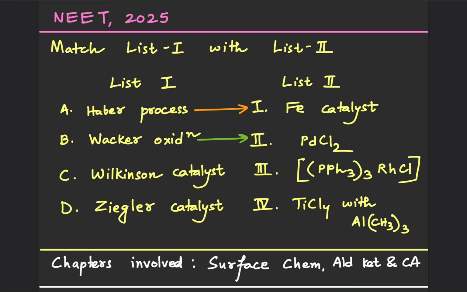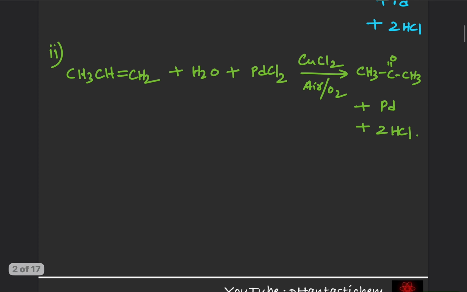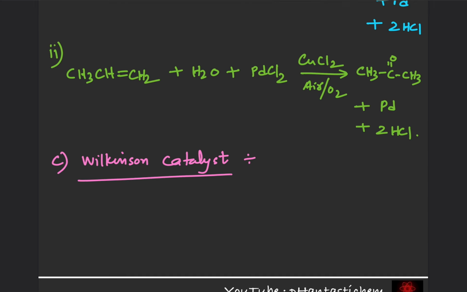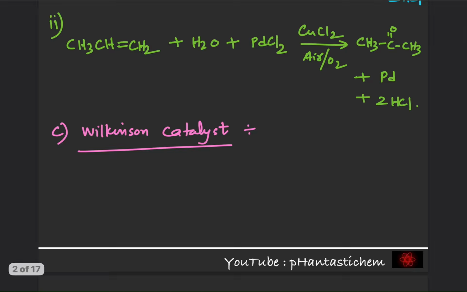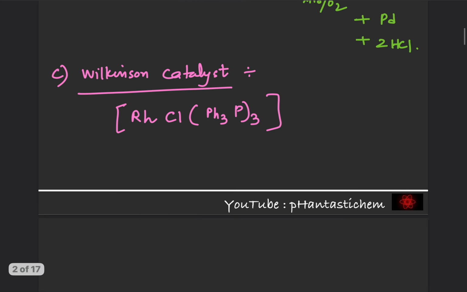Then we have third, that is Wilkinson catalyst. C is Wilkinson catalyst. It is a coordination compound of rhodium with the formula RhCl(PPh3)3.